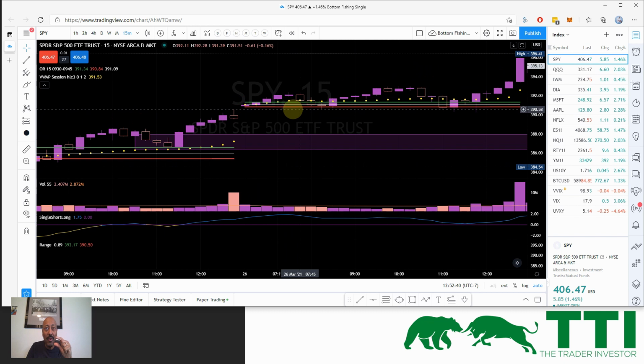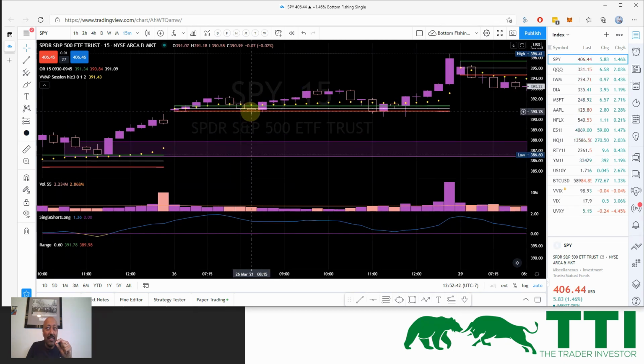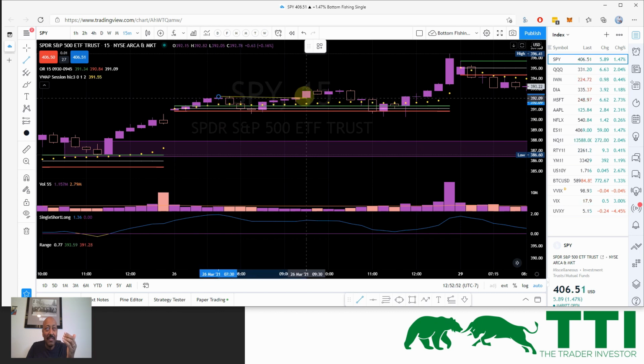That's key number one. And once we do that, then there are a couple of areas for entry. I use two entries. One is at the break of the highs. Just set an alert. You don't even need to monitor the chart. Just set an alert, and as soon as the break of the highs occurs, you enter your call positions.